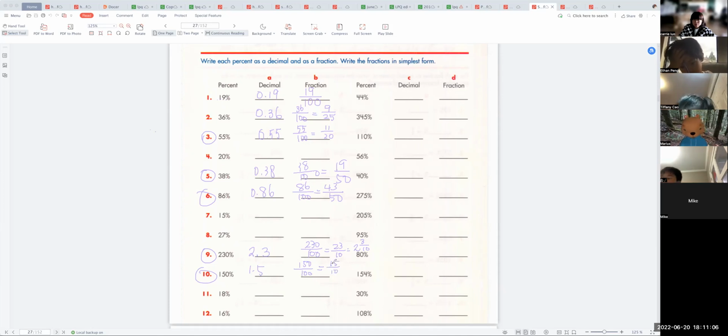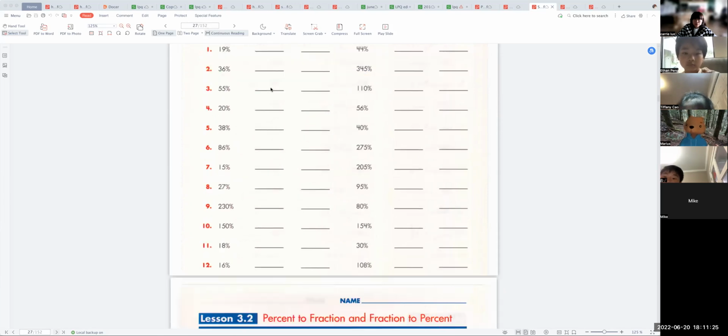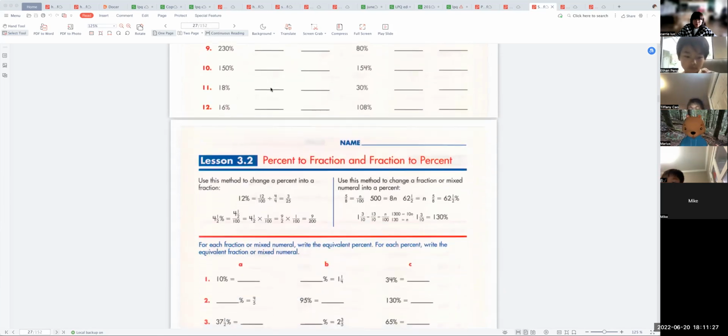This is the part that Daniel gave me. Is it the simplest form? No, 3 over 2. We can still make it simpler. So 1.5. Get it, everybody? Okay, so Ethan got all of them right.